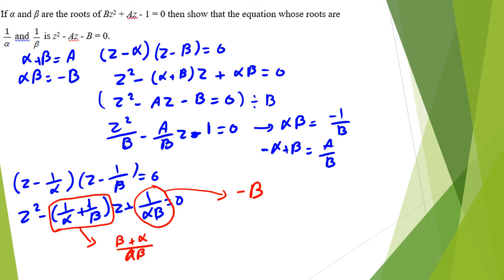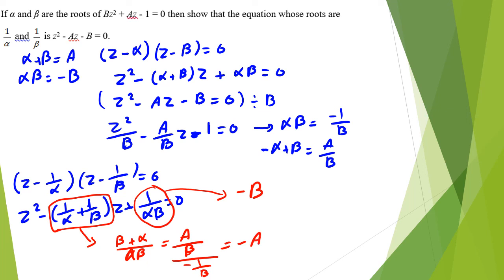Now alpha plus beta, I've got it already as a over b in here, and alpha times beta is negative 1 over b. Rearrange that and simplify, you will end up with negative a.